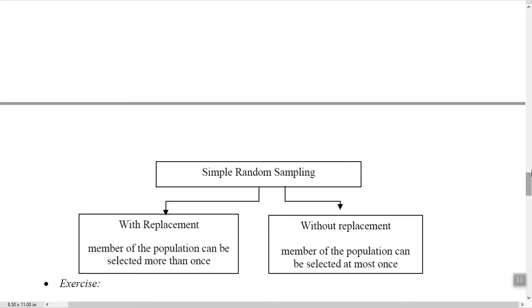Because I have taken one blue ball. In the next iteration, I have 9 balls in my box. I take another ball and put it into another box. Now I have 8 balls in my original box, right? So step by step, the number of balls is decreasing. This kind of method we call without replacement. The number of individuals in the population is decreasing.